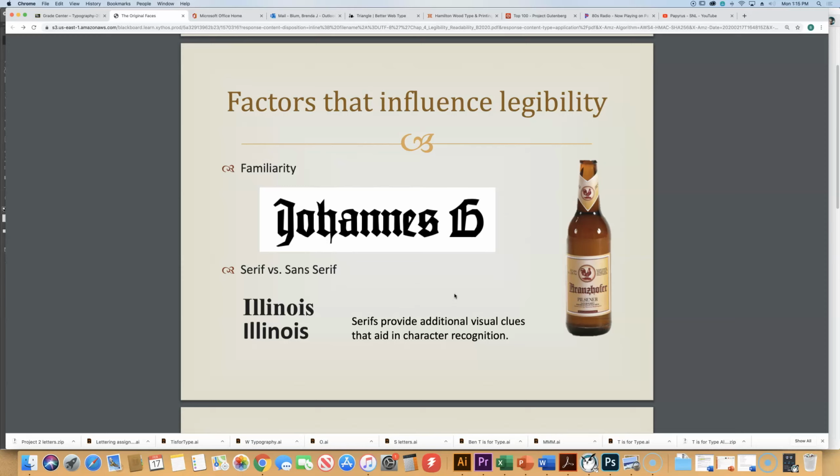Another factor is is it serif or sans serif? So the little feet, the little serifs, help us identify letter forms. The capital I and lowercase l look stunningly alike, but the serifs are a little bit different. And the minute we take those off in a sans serif type, it looks like 3 lines in a row.